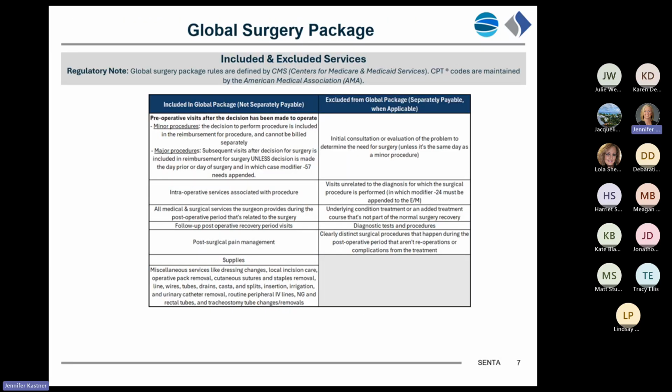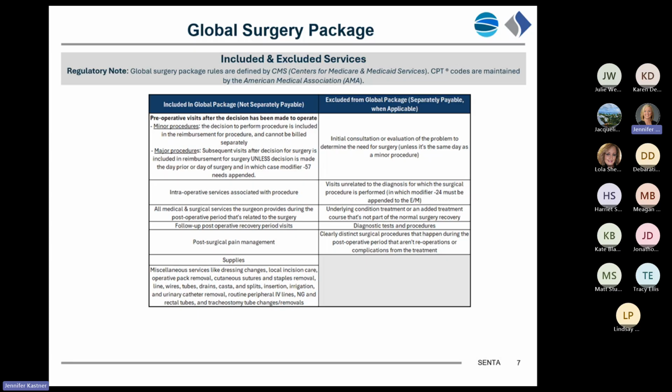This information was taken directly from the CMS Global Surgery Packet, which reflects all information that is considered inclusive and exclusive. I also included the link at the end of the presentation so that you could go directly to that Global Surgery Packet information from CMS.